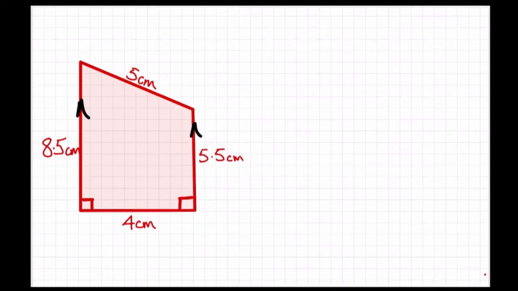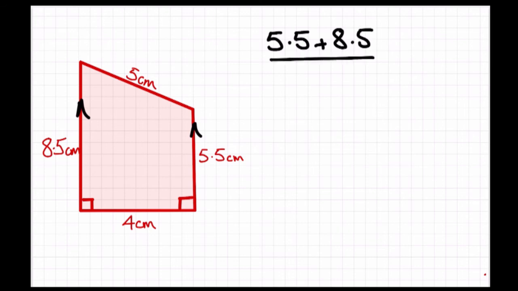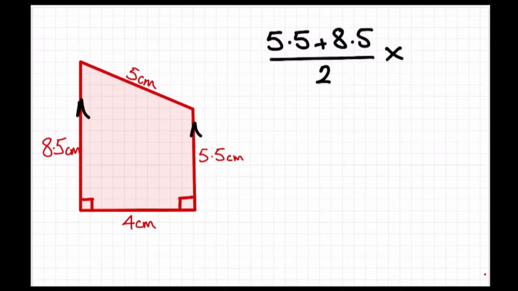So we have to work out the average of the parallel sides, 5.5 add 8.5, all divided by 2, and then multiply that by the height, or the perpendicular distance between those parallel sides, is the 4 centimeters. I can see that from the right angles here and here.